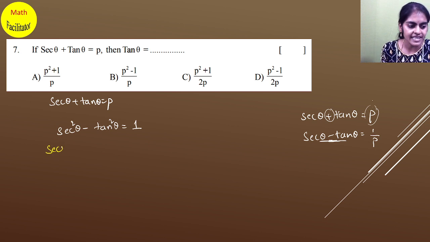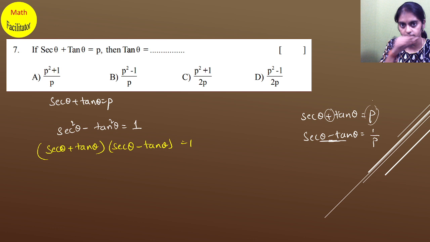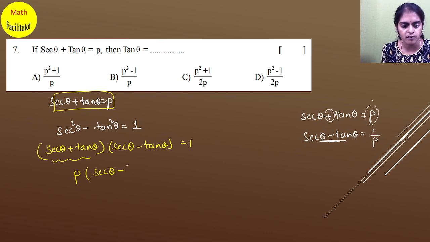Now, secant theta plus tan theta. This is like a square minus b square, isn't it? So I can write a plus b into a minus b is equal to 1. Secant square theta minus tan square theta is a plus b into a minus b. Now secant theta plus tan theta is given as P, so I can substitute it as P into secant theta minus tan theta equal to 1.